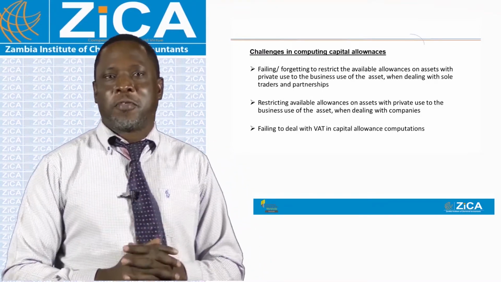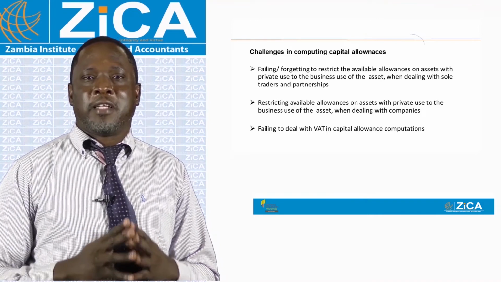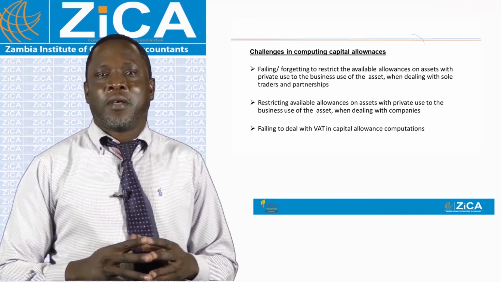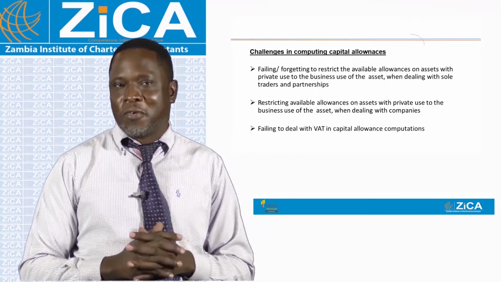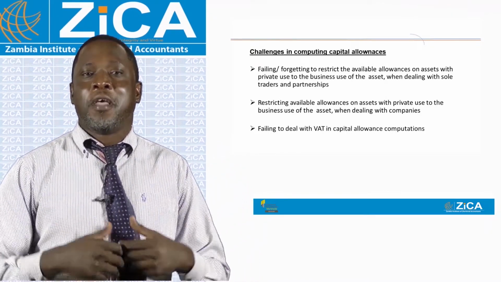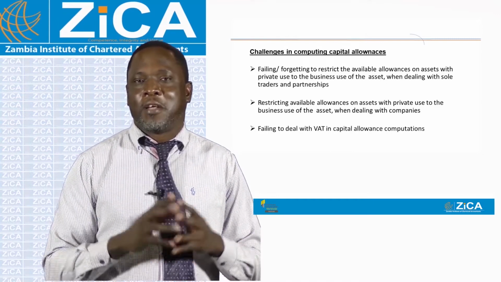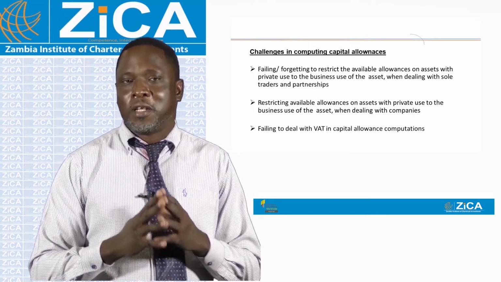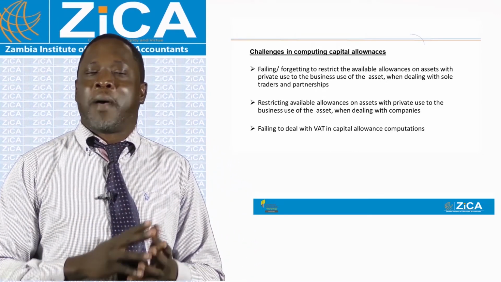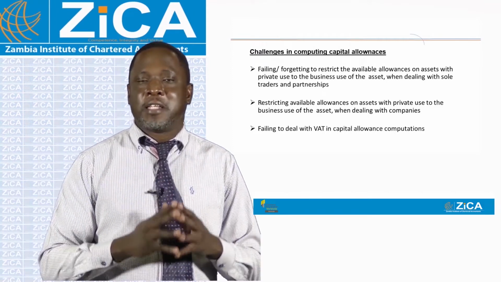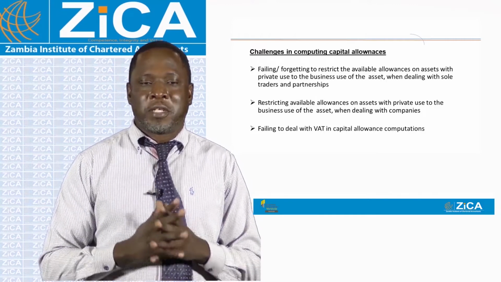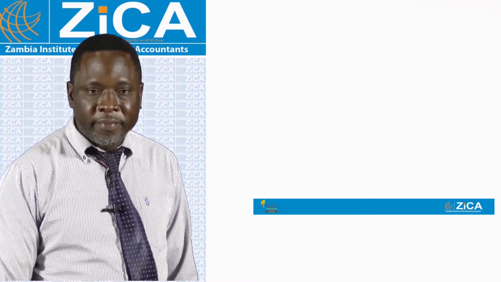The only exception to that rule is where you are dealing with an asset on which VAT is not recoverable. On such assets, you use the VAT inclusive value to compute capital allowances. But in all other cases, always use the VAT exclusive value to compute capital allowances.